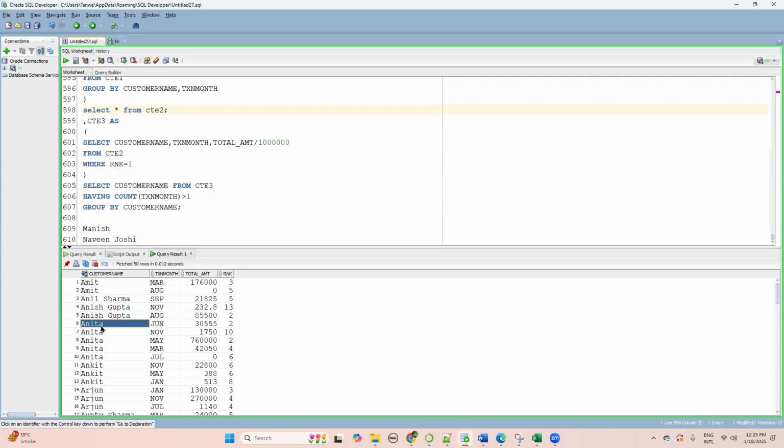For Anita, you have to add all the transactions of Anita. You have to add all the transactions of Ankit. And then from that, you have to tell finally, who is the one who has done the maximum transaction? Are you getting my question? During a financial year, the client is asking, tell me the one who has done the maximum transaction, including all the transactions, whatever he or she has made. That can be another matrix you can derive.